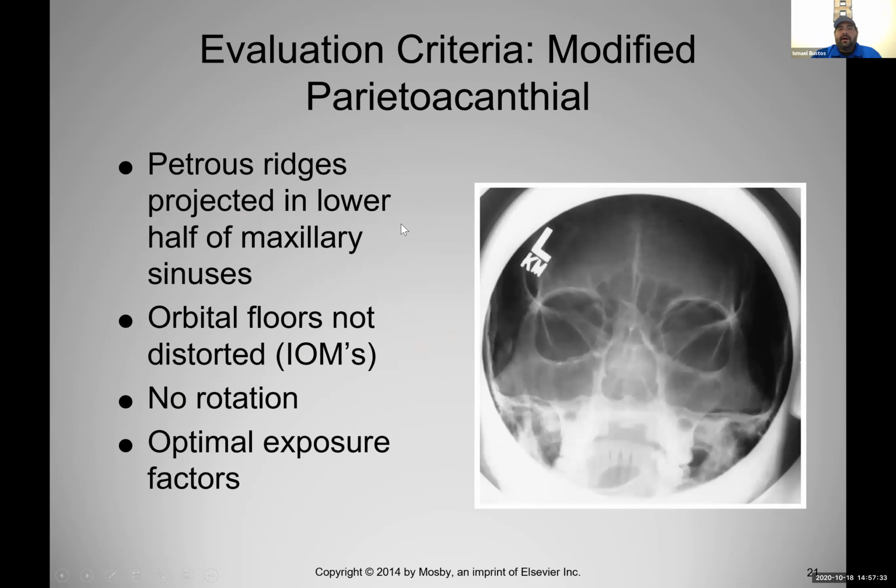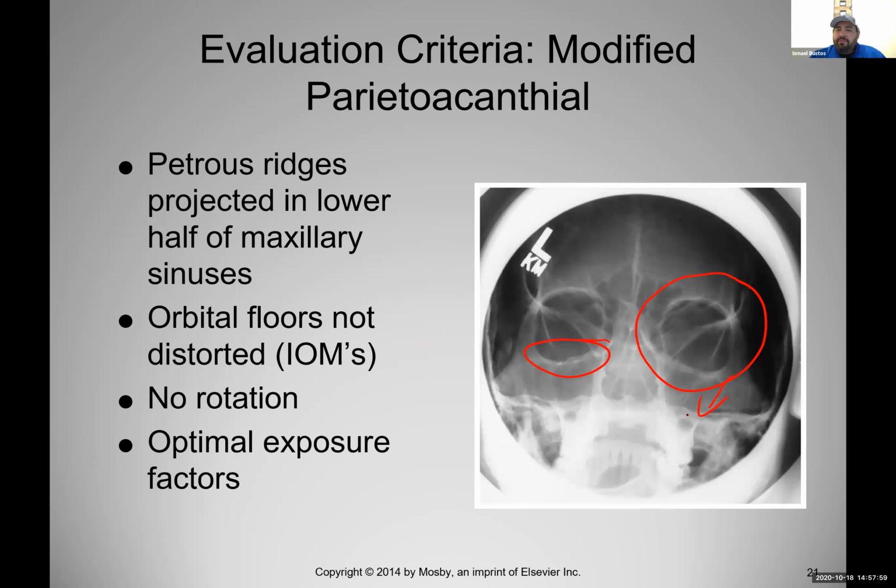Again, when we look at this projection, make sure that the ridges are in the lower half of the maxillary sinuses, which they are. We are trying to visualize this infraorbital margin, best visualized there, but you can see the entire orbit as well. Also, make sure there's no rotation, no tilt, and optimal exposure factors.